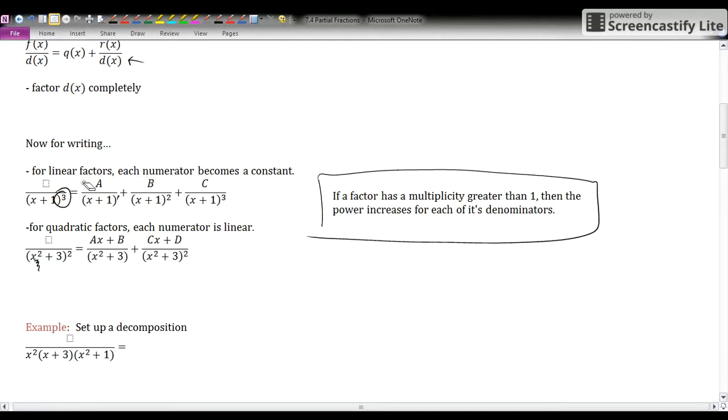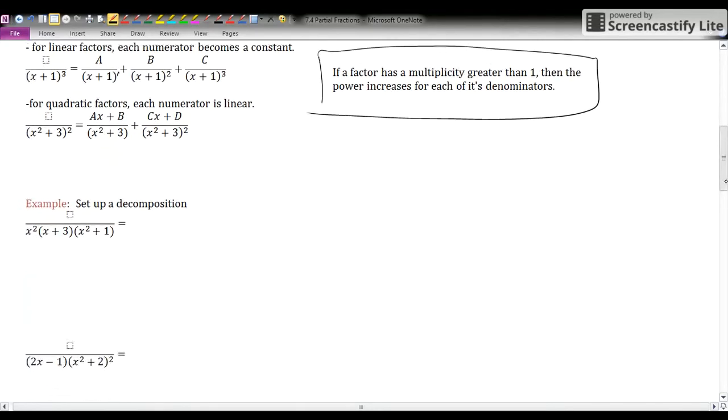So that's a very key issue in remembering decomposition. So for linear factors, if it's x to the first, just use a letter. If it's a quadratic factor, or irreducible quadratic, then use a linear numerator, and then make sure you represent everybody's multiplicity. All right, sounds a little crazier than it is, so let's start slowly.